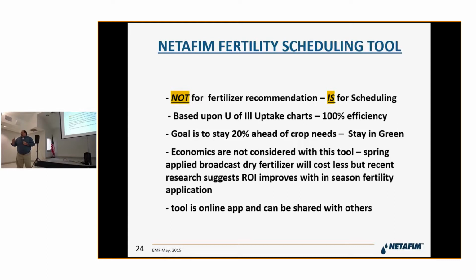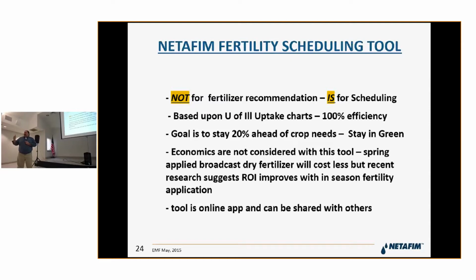In a lot of cases, and there's a lot of data suggesting this, delivering those nutrients just in time will give you a better return on investment. The liquid fertilizer that you're delivering right through that soil water is more available, so it may be 2, 3, 4 times more available than the dry stuff that you put out way early. So it's a balance between that.